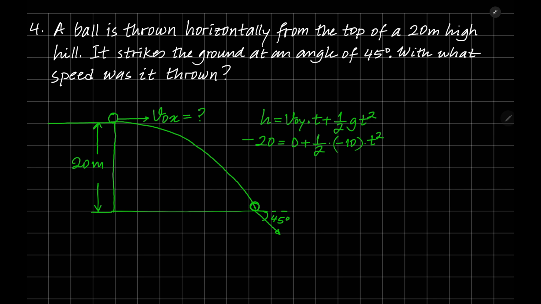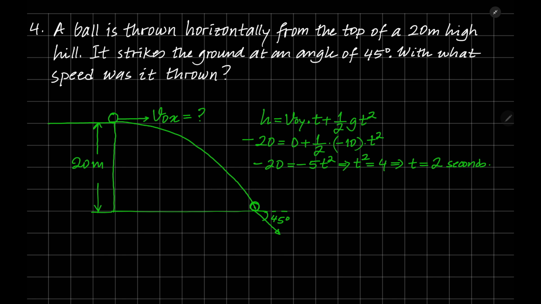Then negative 20 is equal to negative 5 t squared, which implies that t squared is equal to 4, and t is equal to 2 seconds.